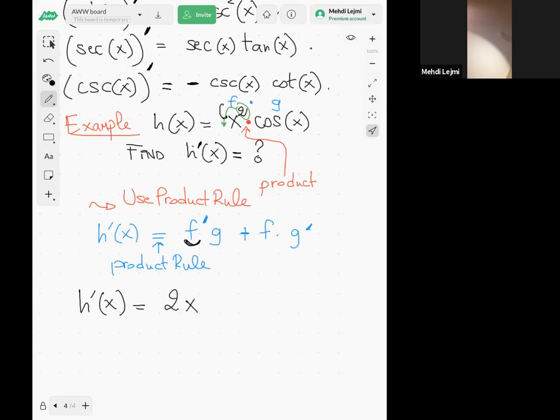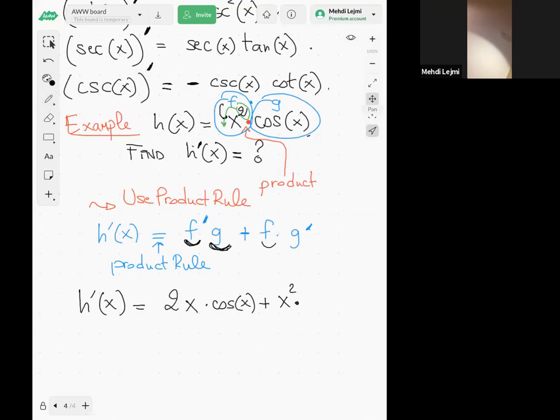Now, times g. What's g? The f is x squared and the g is the cosine. So times cosine of x, plus f, which is x squared, times g prime. g is cosine, so what's the derivative of cosine?